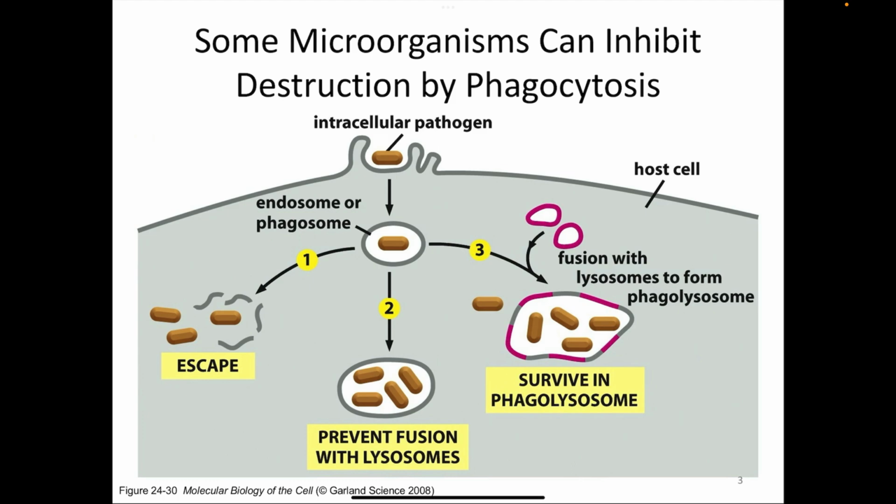These are some reasons why, if our whole immune response was just based on phagocytosis, it would not be good. You can see these microorganisms, like I said, Listeria monocytogenes, Salmonella typhimurium, and Mycobacterium tuberculosis, are organisms that do some of the things you see here. So there has to be more than phagocytosis.